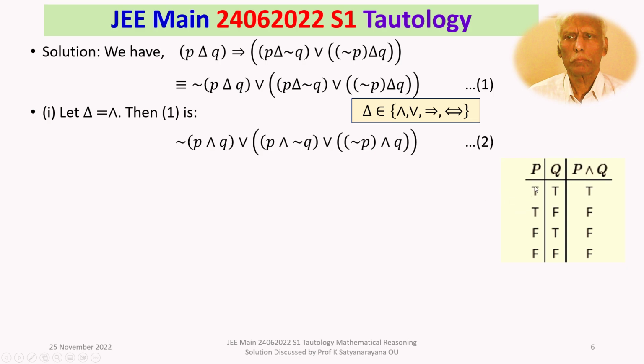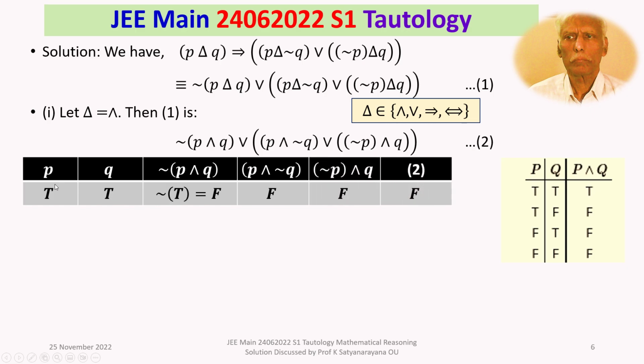The truth table for AND is this one, which you are very familiar with. Here we have taken P, Q, and you have to write the truth values. The first one is negation of (P and Q). The second one is P and negation of Q. The third one is negation of P and Q. In this, P is true, Q is true.